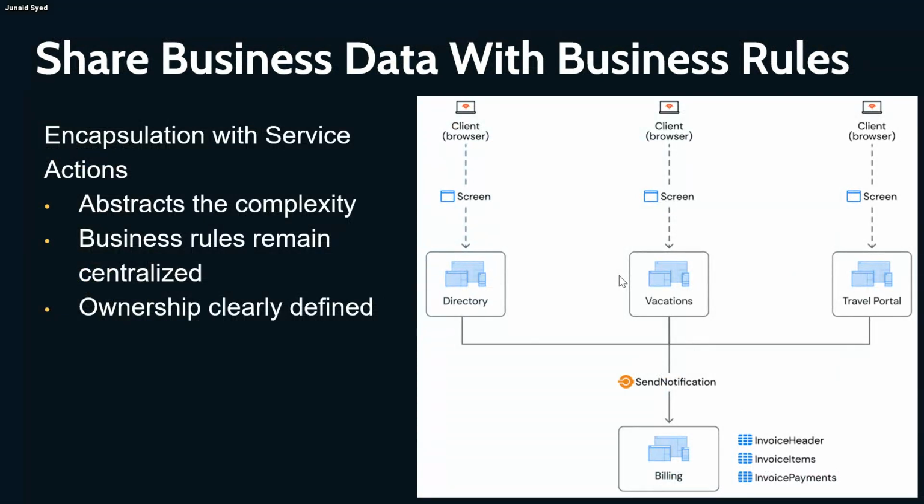So in this one, what I was talking about was that in this scenario, there is a billing application and it contains various entities to store the billing related information like invoice header, invoice items, and invoice payments. Now, what happens when we have this kind of complicated information?